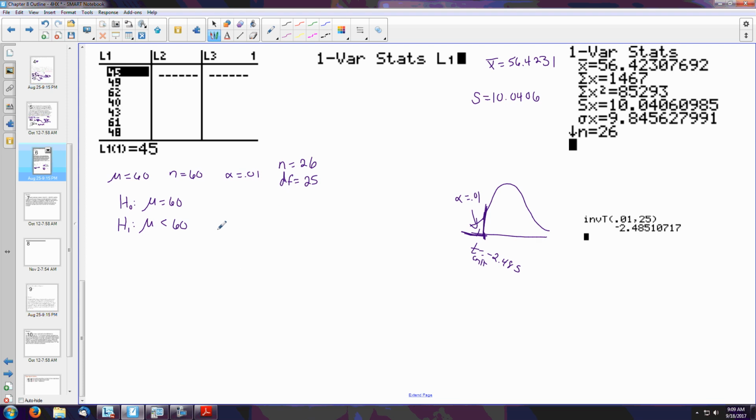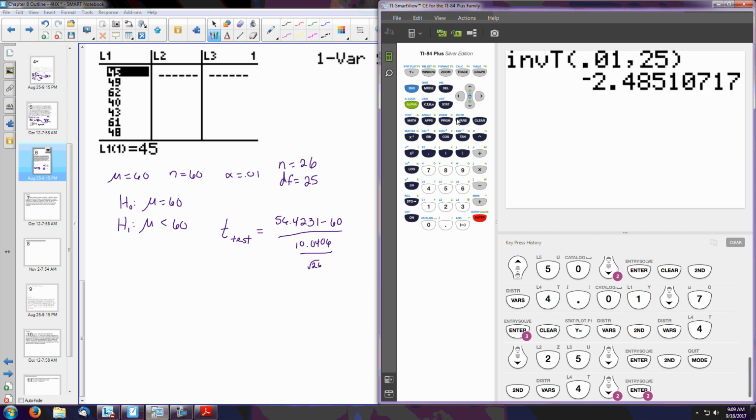Next up, find your t-test statistic. The test statistic is equal to the sample mean minus your population mean divided by your standard deviation over the square root of your sample size of 26. So go ahead and take a moment and type this in.